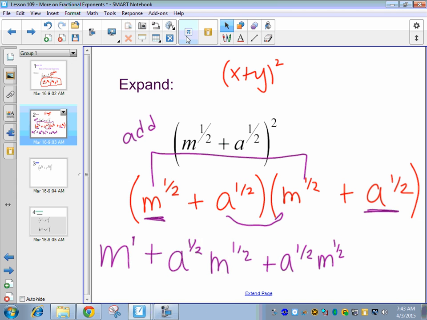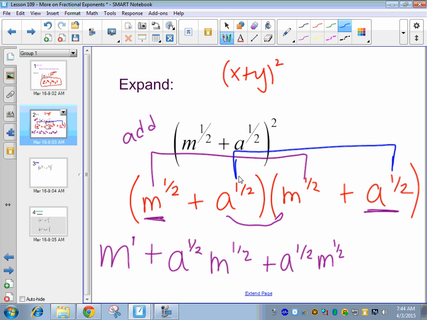All right. So now we're going to multiply the last. So this one times this one. And when we multiply the last times the last, what do we do with the exponents? You add them again. So a to the 1/2 times a to the 1/2 is equal to a to the first.